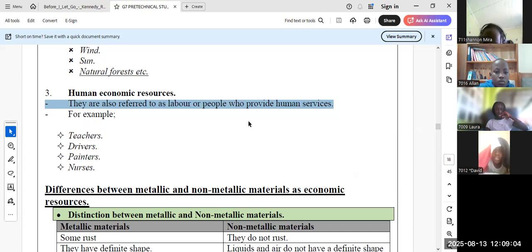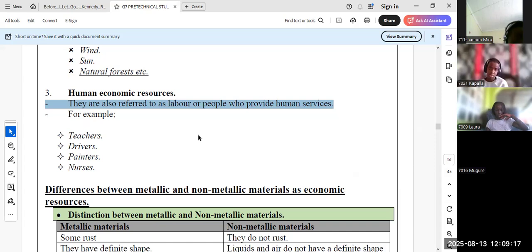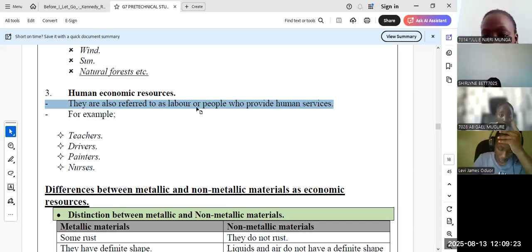They are also referred to as labor or people who provide human services. Shannon Mira, what did we say that are examples of human economic resources? Teachers, drivers, painters, nurses. Yeah, painters and nurses.